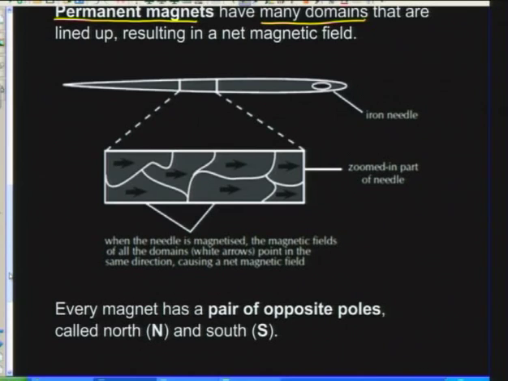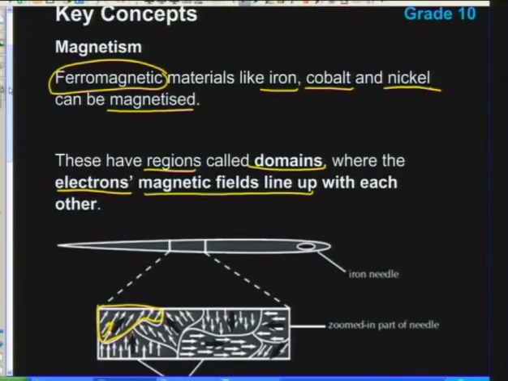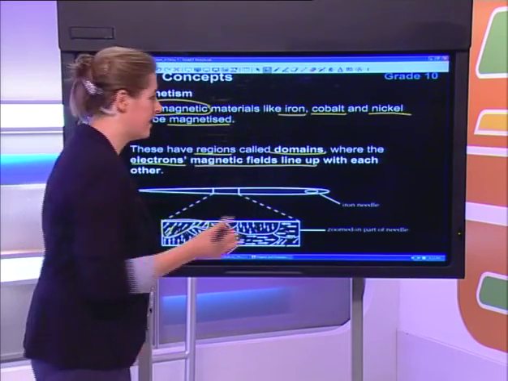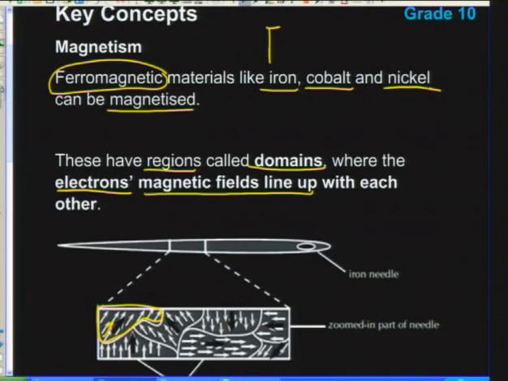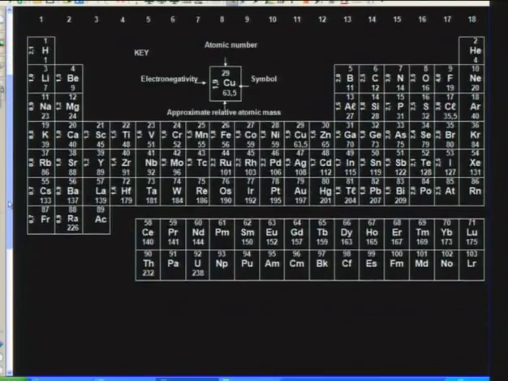Now I want us to go back to these types of magnetic materials that we called ferromagnetic. Ferro refers to ferros, which refers to iron. If you think about the symbol for iron on the periodic table, it is Fe, ferros. That's where this part of the word comes from. I've got a periodic table here that I want us to look at.